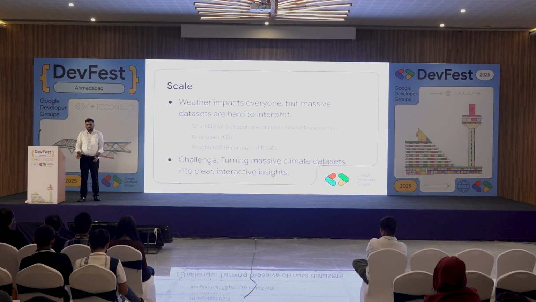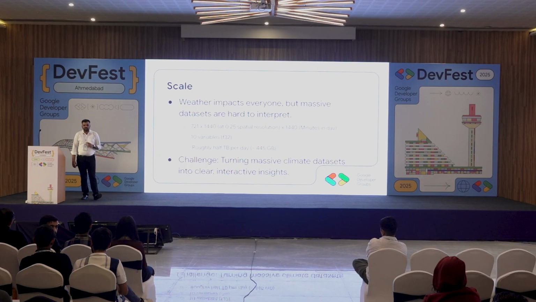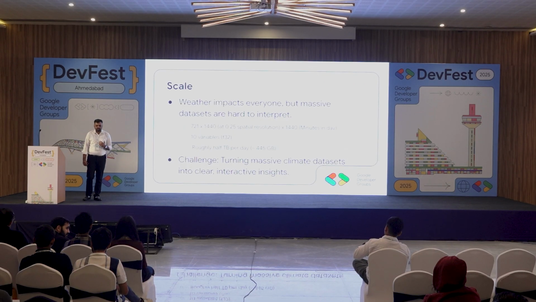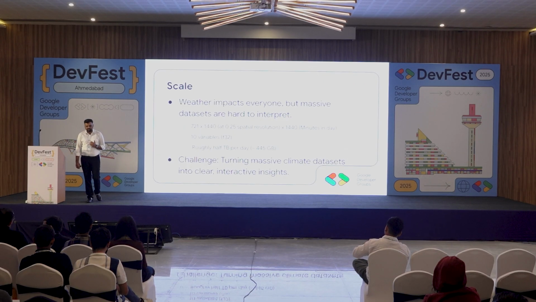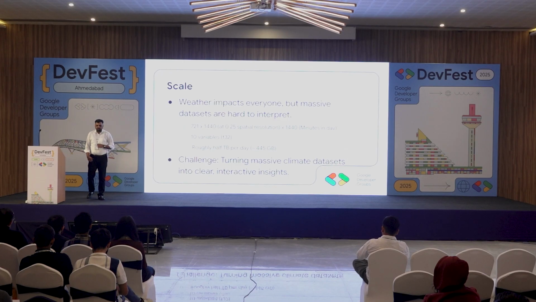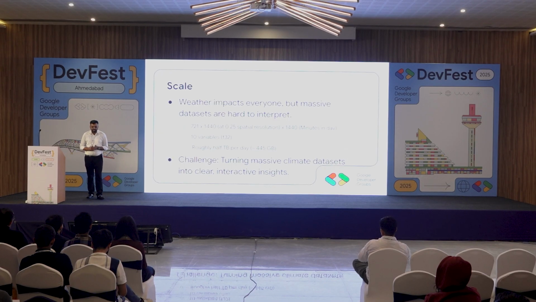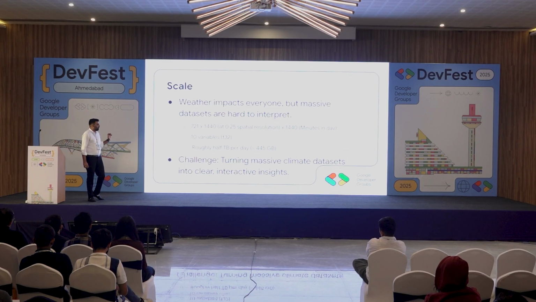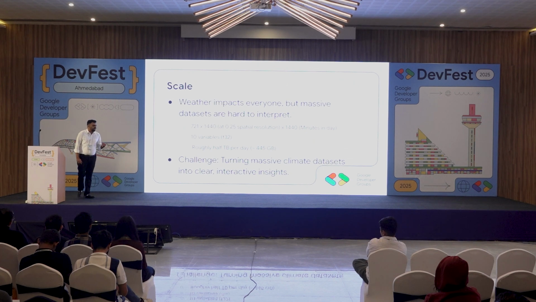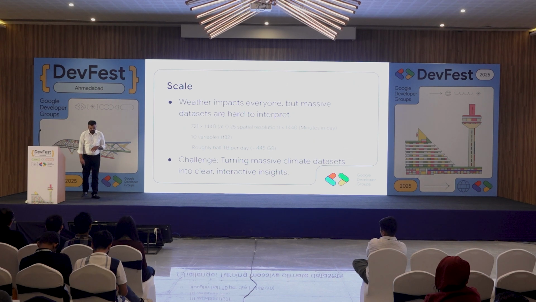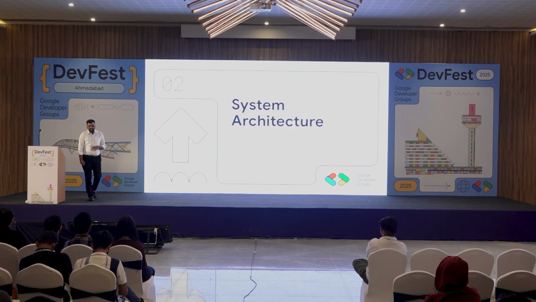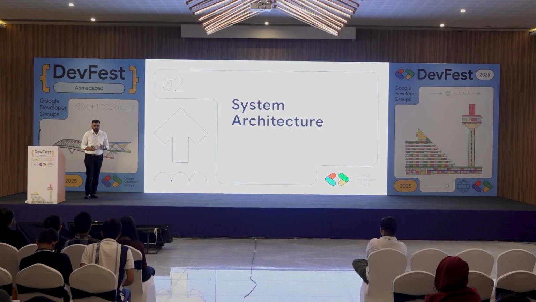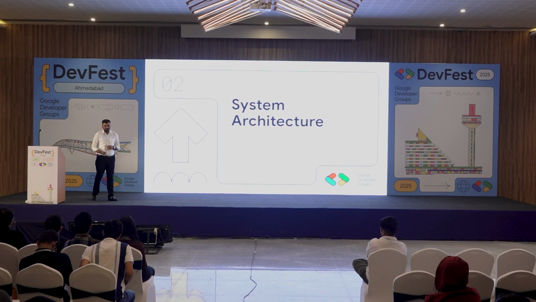That is the scale of weather data everyone in the weather system processes daily. The challenge is turning this massive climate dataset into clear and interactive insights. Let's talk about how we can implement this.